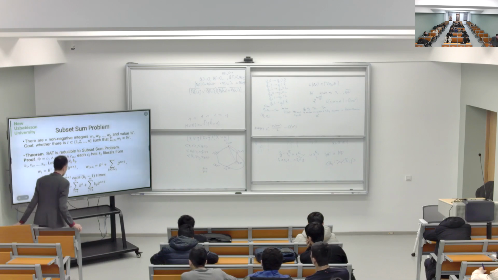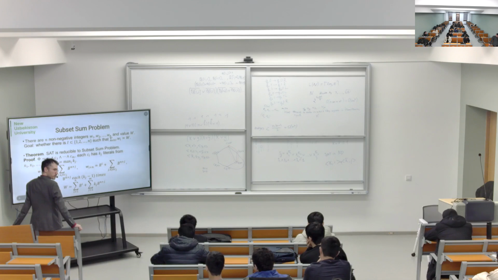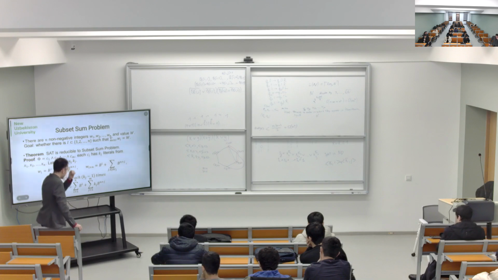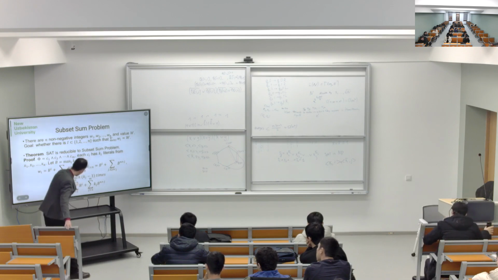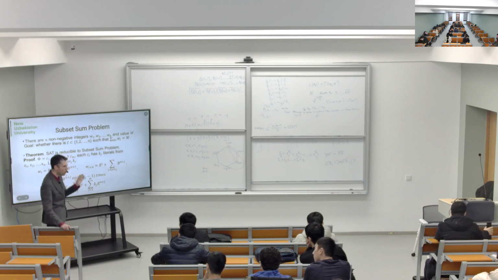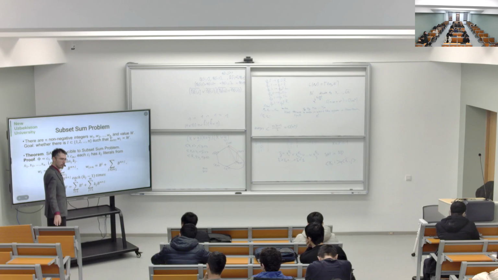When can I get this target? When do I get this target as a number? So I need to solve this problem, choosing either wi or wi plus n to match this number. Because there is no way I can get B to the power of i if I didn't choose either of them.